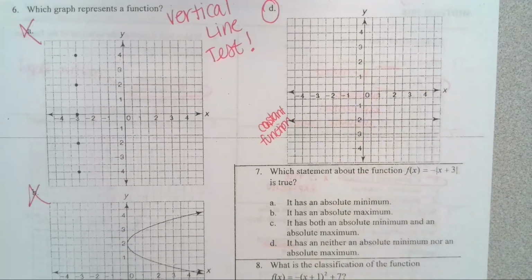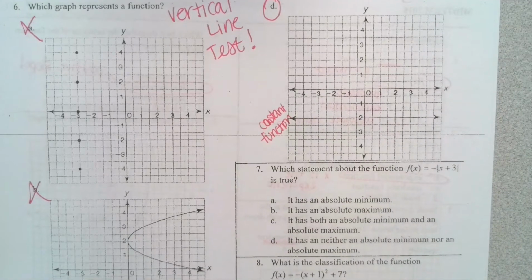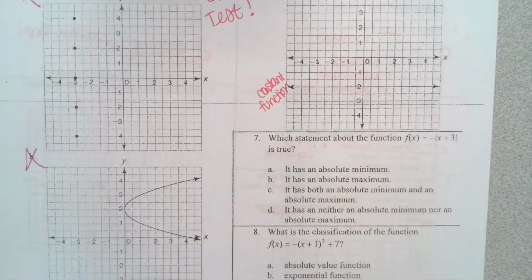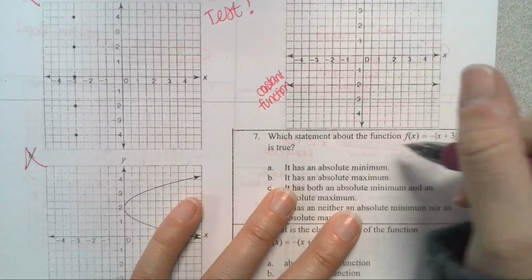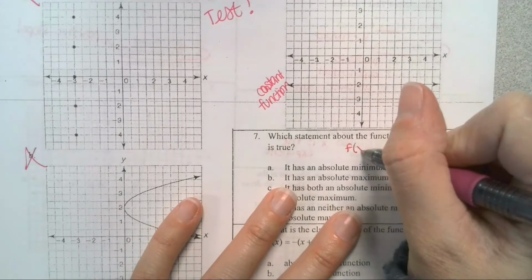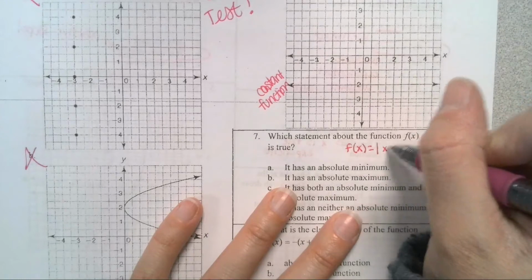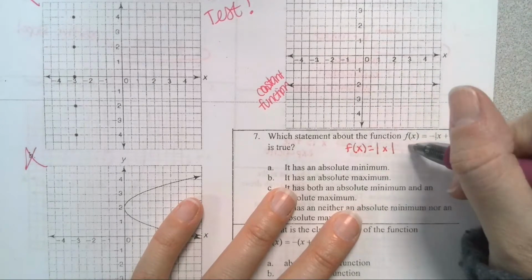All right. Number 7 is a slightly tricky question. Which statement about the function f of x equals negative absolute value of x plus 3 is true? What do you think? Did you say D? B, you think? Okay, here's what I'll tell you. The equation f of x equals absolute value of x is shaped like this.